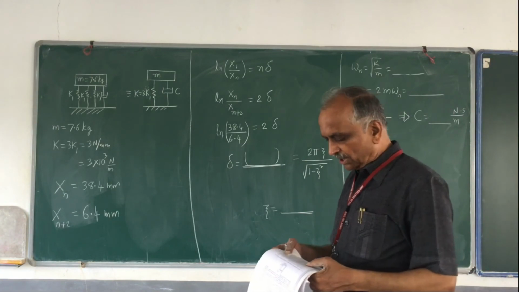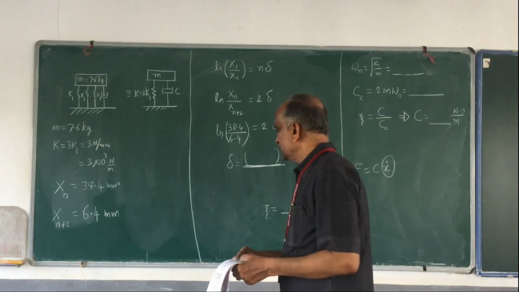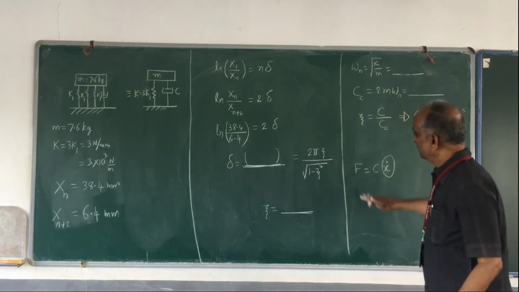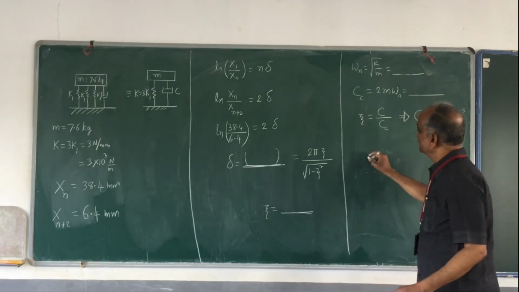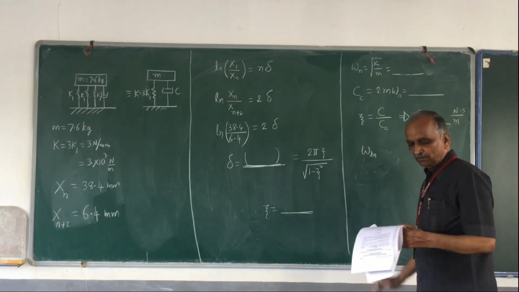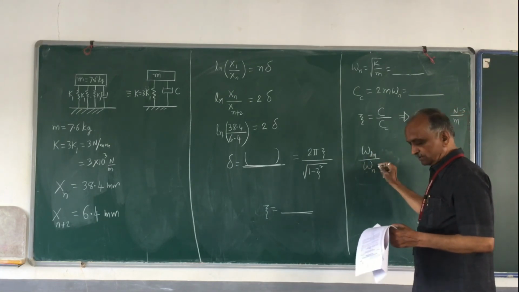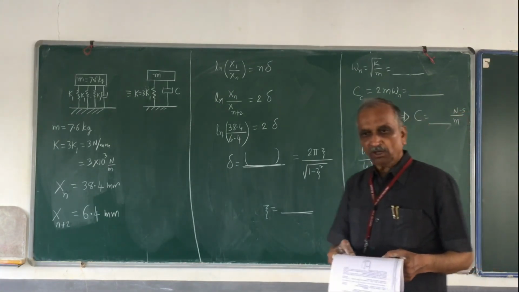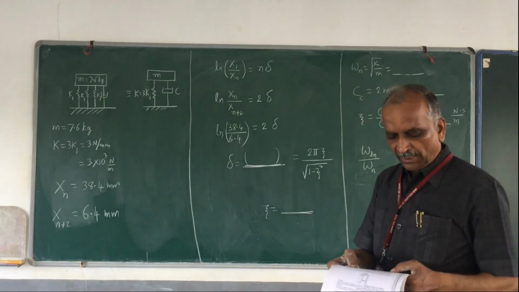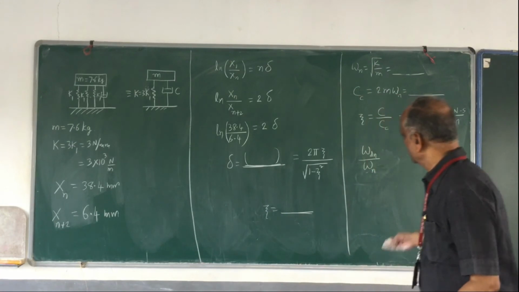Number 2, the ratio of frequency of damped vibration to the frequency of undamped vibration. So you are asked to find out the ratio of omega d to omega n.